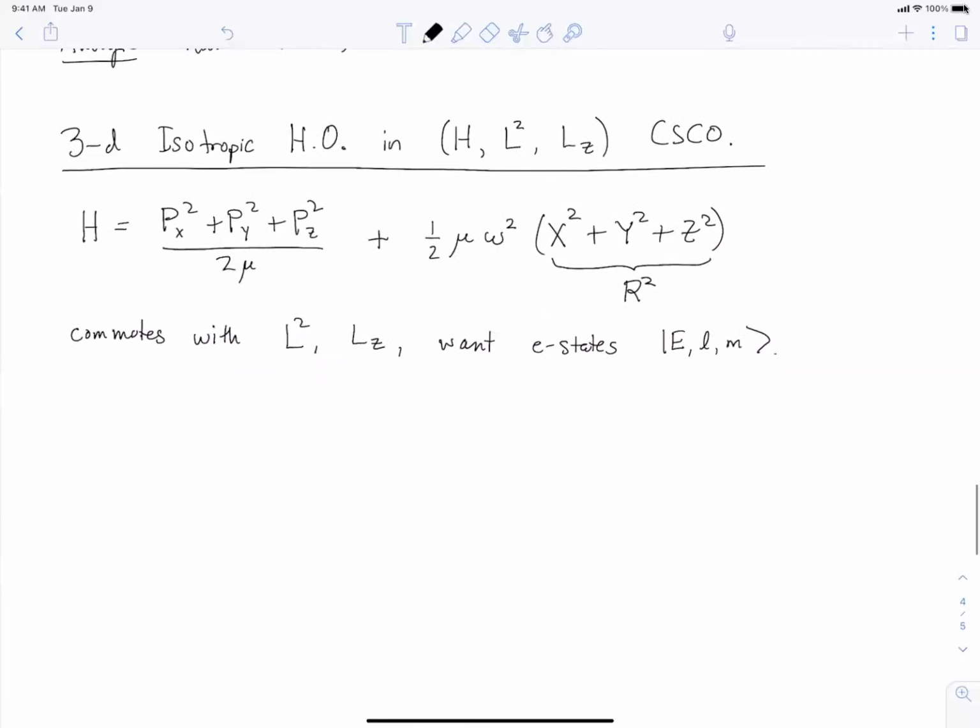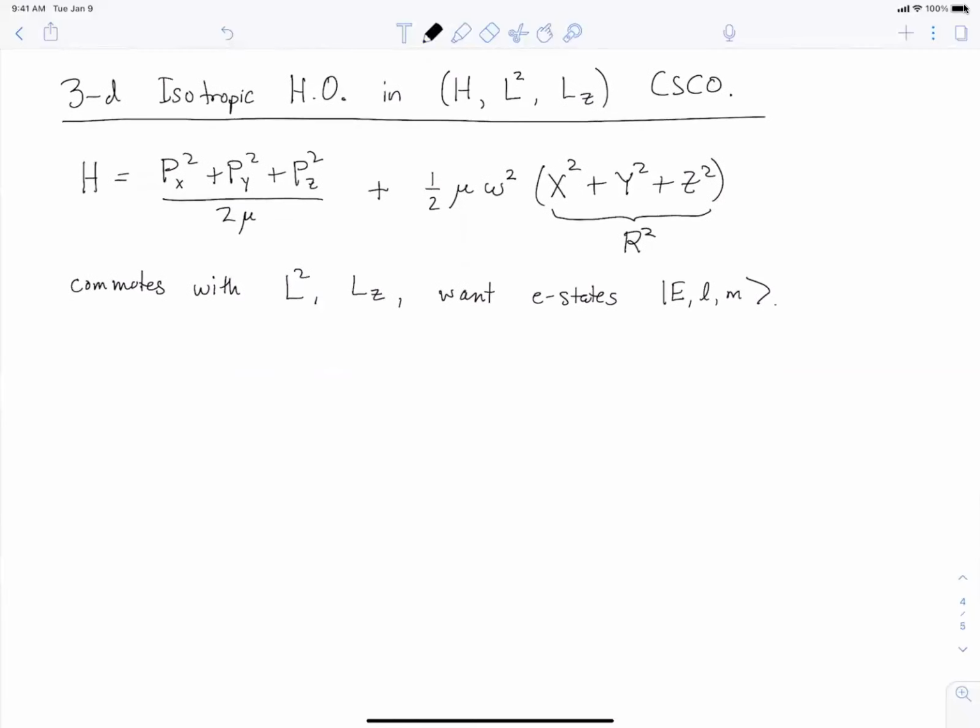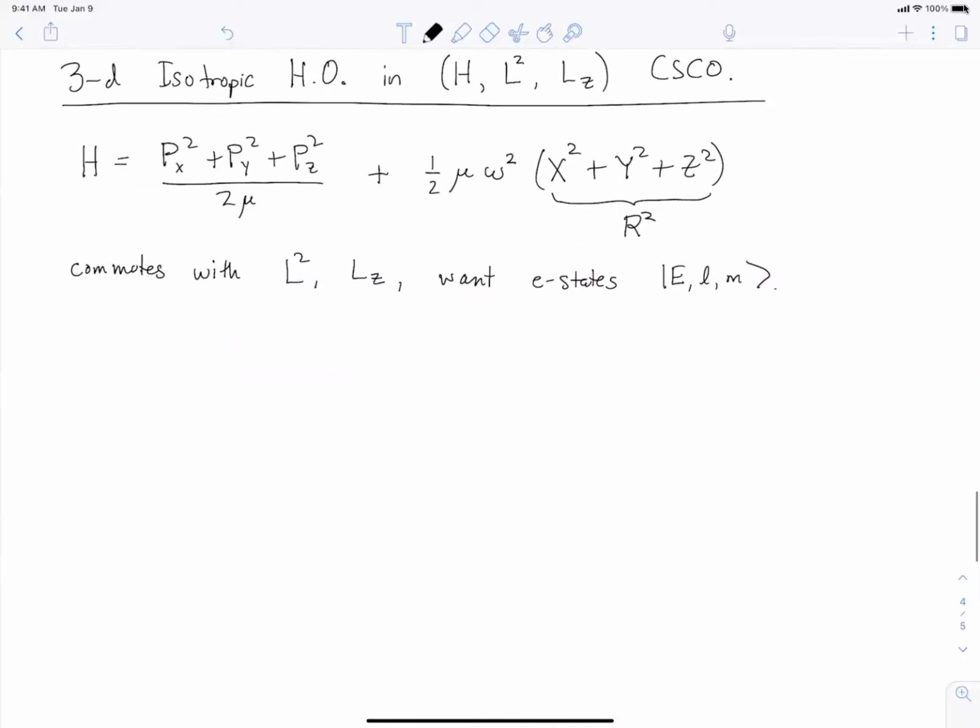So in order to understand what these solutions would look like, let's think about what we know already from the other complete set of commuting observables that we had for this problem. So recall, these are Hamiltonian eigenstates in the complete set of commuting observables, which would be Hx, Hy, and Hz.